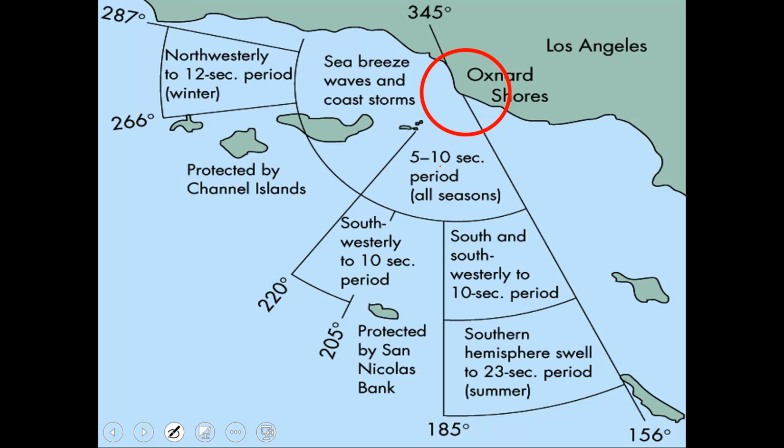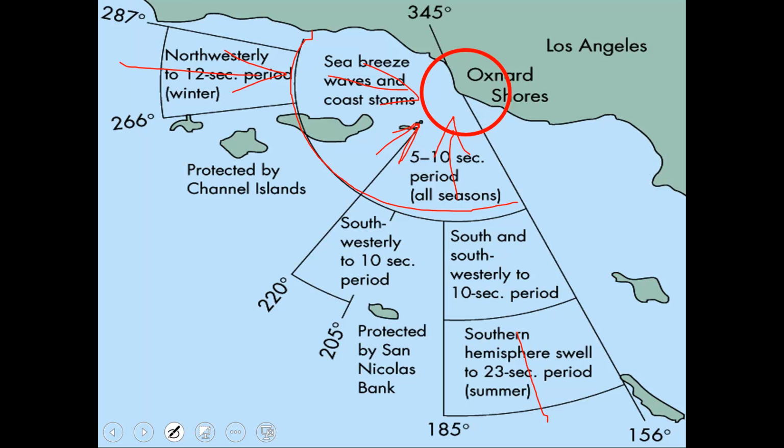For example, this is what we call a rose diagram, and we're getting relatively short period waves, 5 to 10 second waves, all year round from both the sea breeze and local coastal storms. We're also getting some moderate period, 12-second waves from the west and northwest that are generated during storms.